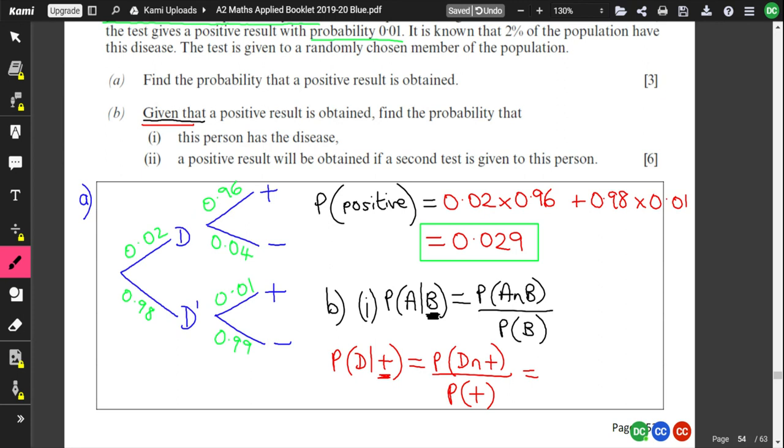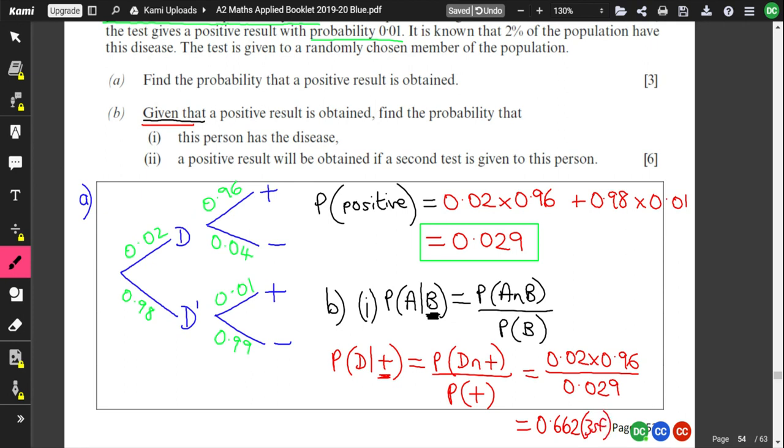Our numerator here is diseased and positive, so 0.02 times 0.96. And our denominator, the chance that they got a positive result, well, that was the answer to part A. Put that into a calculator and it comes out at 96 over 145, which is about 0.662 to 3 significant figures.